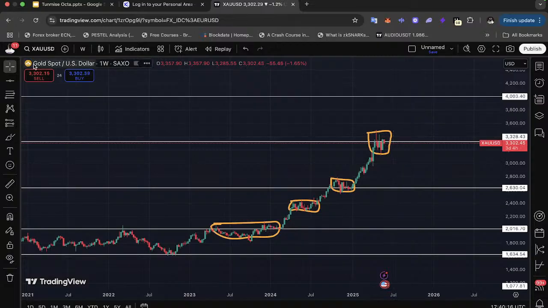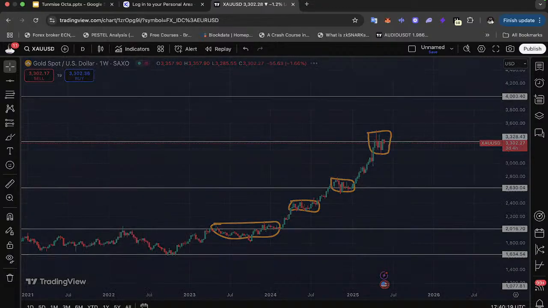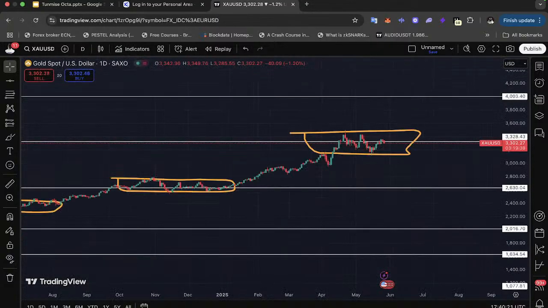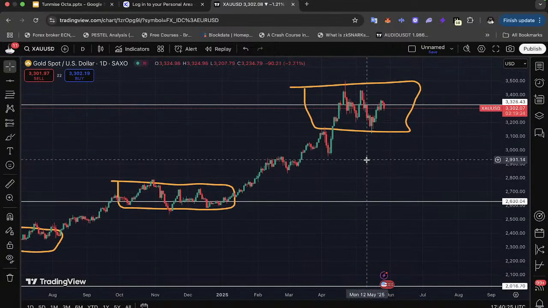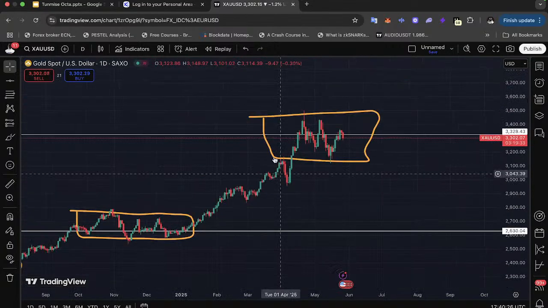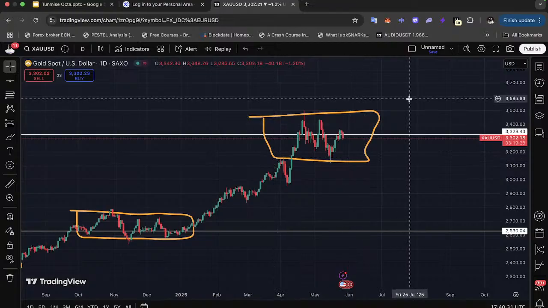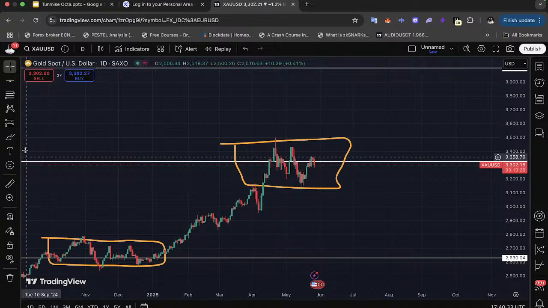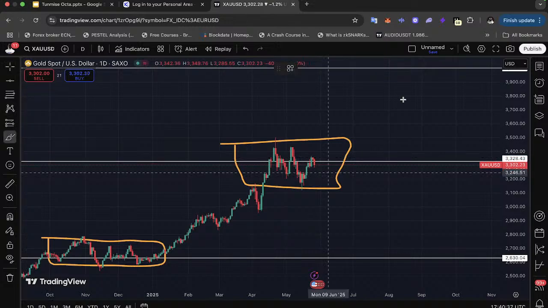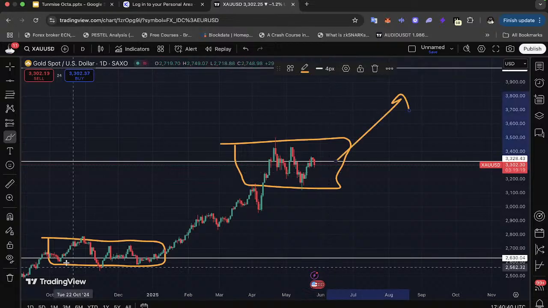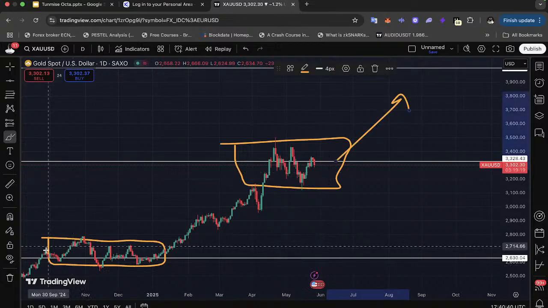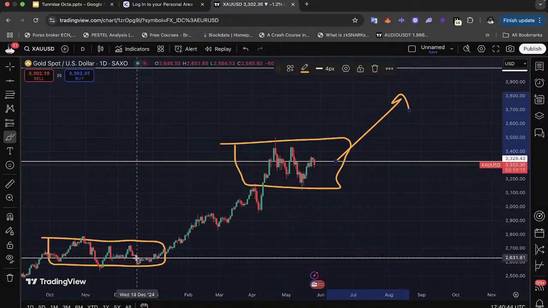So let's go down to the daily time frame. We can see that on the daily time frame, price has been choppy. So it's simple, right? The probability of gold pushing higher is higher, based on the historical reactions after it breaks out of the ranging box.